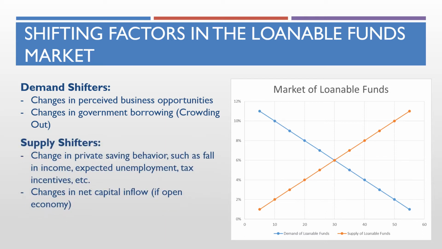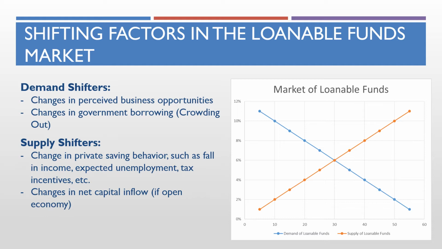On the other side, the supply also has some determinants of the shift of the supply curve. The supply curve will shift in the loanable fund markets because, number one, maybe there is a private saving behavior change. Maybe the household sees income falling significantly in a particular period and wants to save more for future periods, or maybe sometimes when they see a significant fall of income, they may even force themselves to save less.